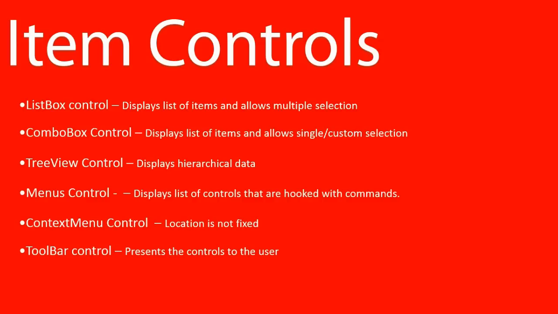When you right click anywhere on the application, the menu that pops up is called the context menu. And the last one is the toolbar control. Basically it is a similar kind of control you have seen in Word, Excel, PowerPoint, the ribbon bar, and all that kind of controls you can create with the toolbar controls.